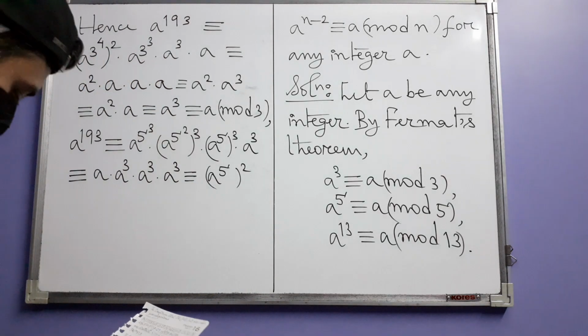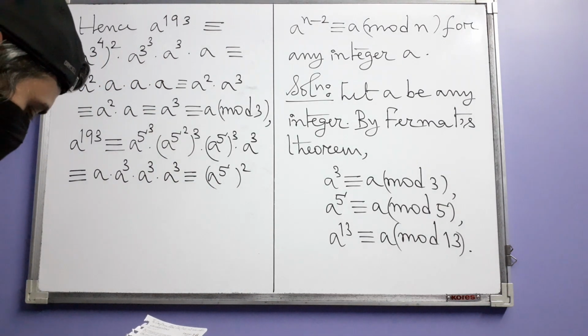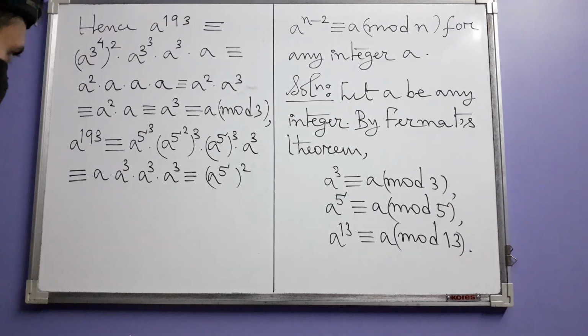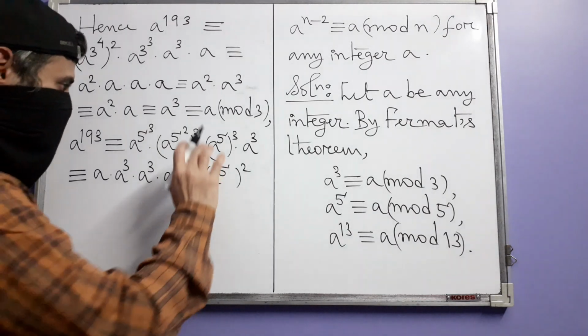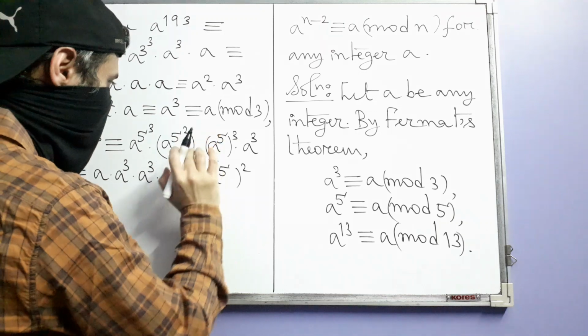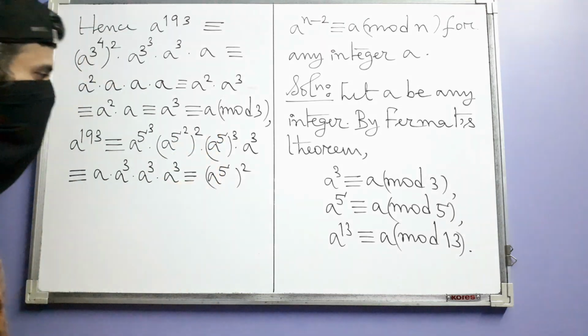Have I done some kind of mistake? That's what I am thinking. 5 square. Oh, see, yes. Yeah, that's why it's not coming. This is 2, not 3.